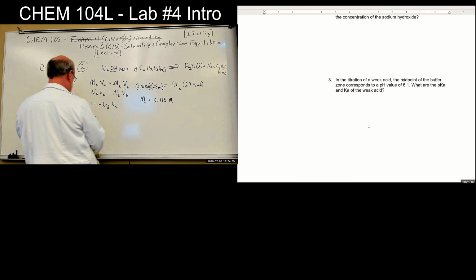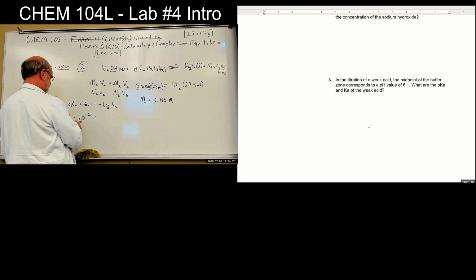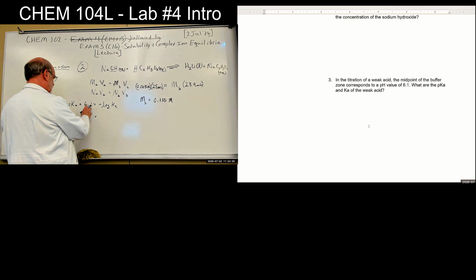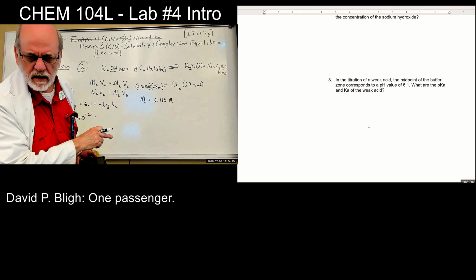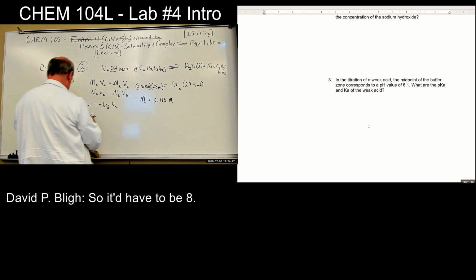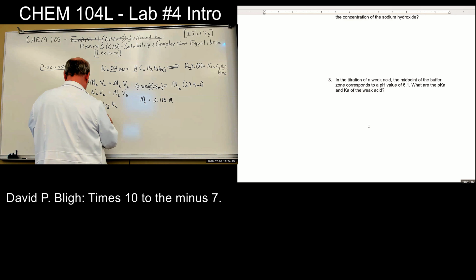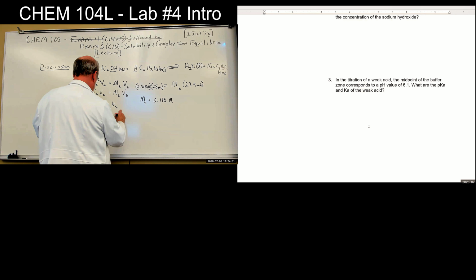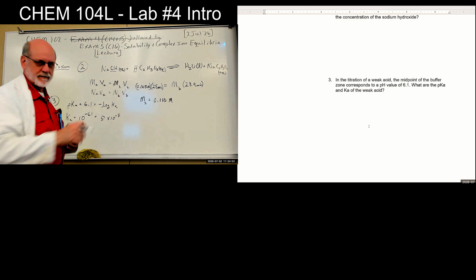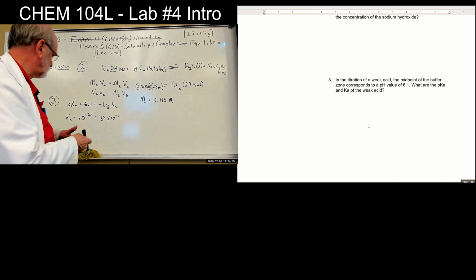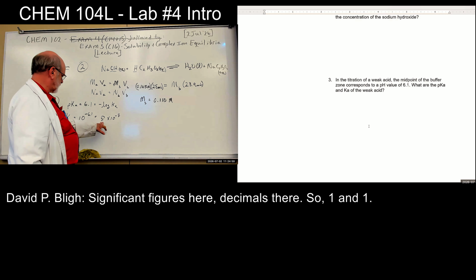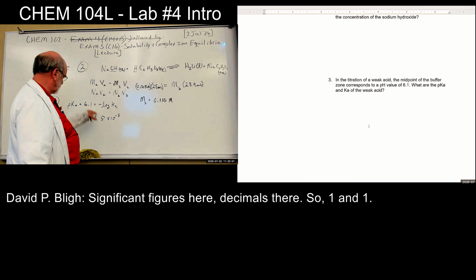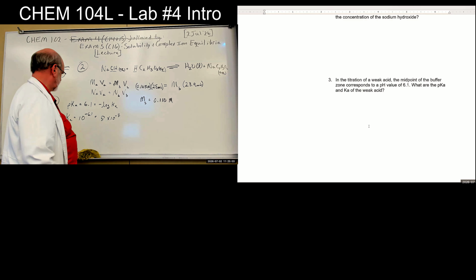There's only one decimal, so it'd have to be 8 times 10 to the minus 7 for the Ka. Right? Significant figures here, decimals there. So 1 and 1.